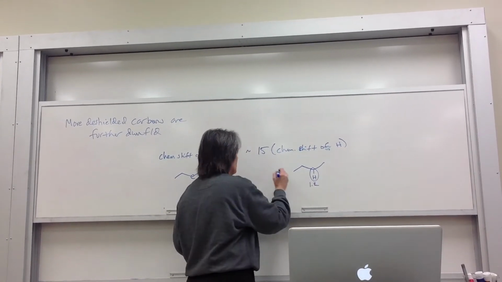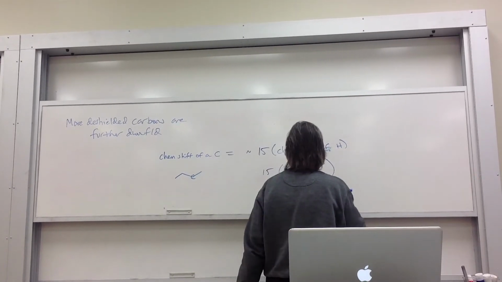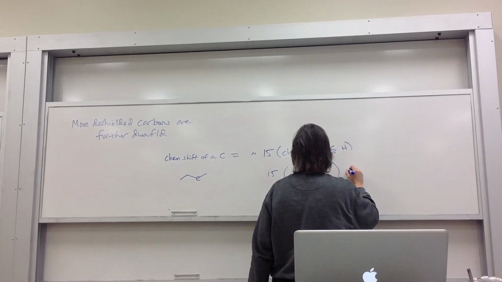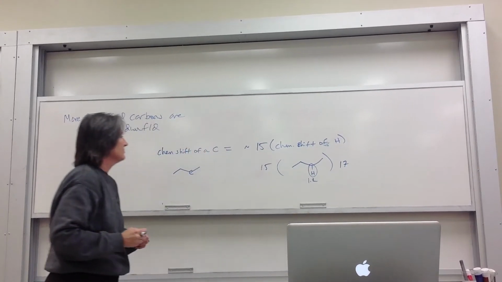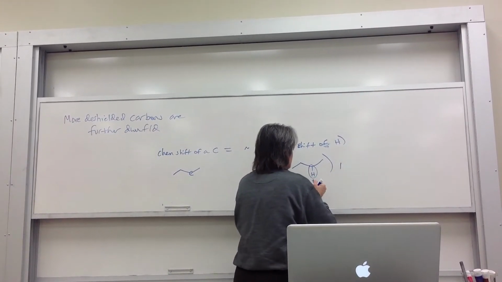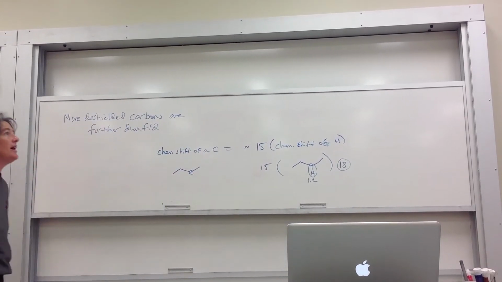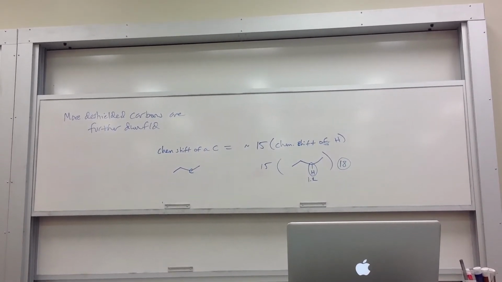Okay, so 15 times 1.2 is about, gosh, it's higher math, about 17 or so? 18. So it should be about 18. And if you look at the table, it ranges between 16 and 25. So 18 is good, it's about 20-ish.